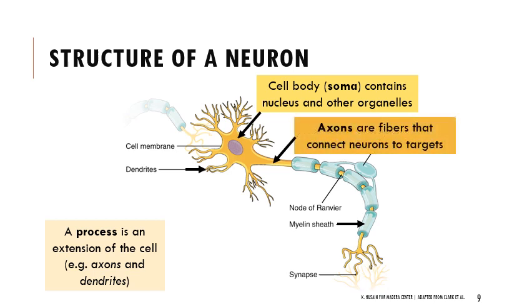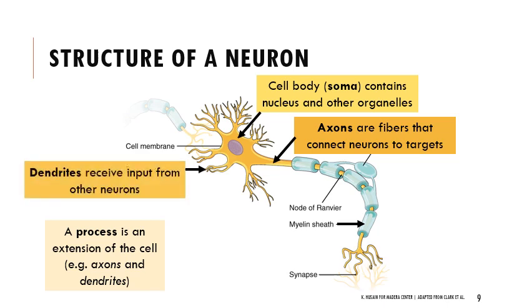Axons refer to those long fibers, those extensions that connect neurons to their targets, so postsynaptic cells. The signals that we'll talk about today, like action potentials, are sent along those axons from the cell body. Dendrites are receiving input from other neurons.